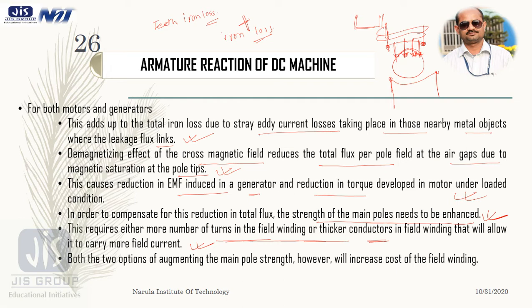So both these options of augmenting the main pole strength, however, increase the cost of field winding. Ultimately the cost will increase because we require more copper. Also we need space, so it will become bulky also.